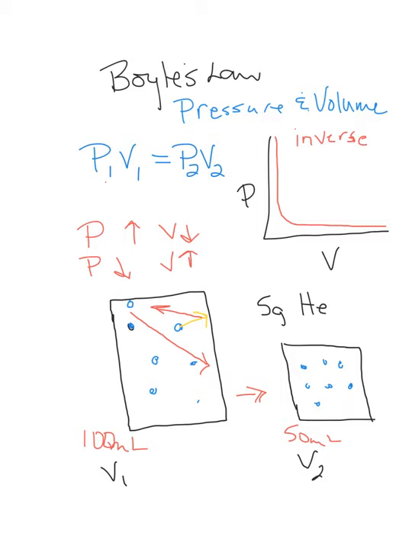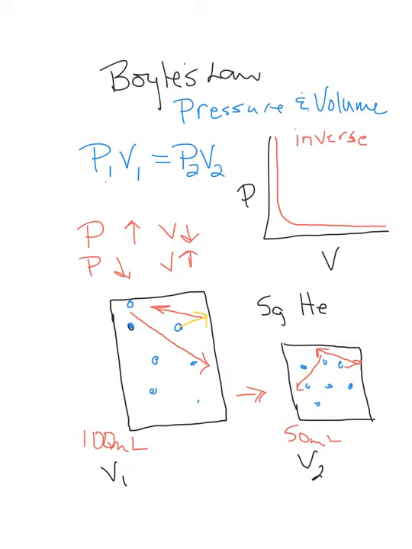Notice how in my first picture, the helium molecules have some space to move. But now I've changed my container, and there's not as much room to move, which means every time those gaseous molecules are moving in one direction, they hit the wall, change direction, hit the wall, and move in another direction. It's hitting the wall of the container much more frequently than it would in the larger container.